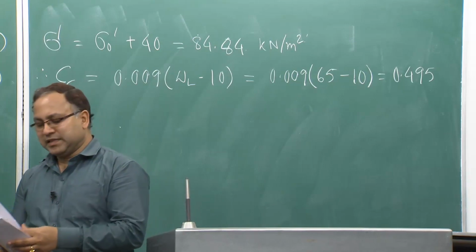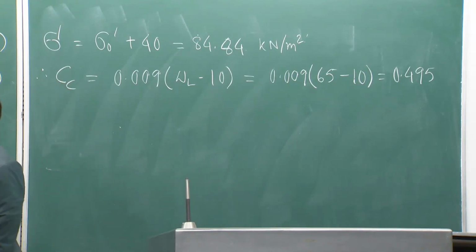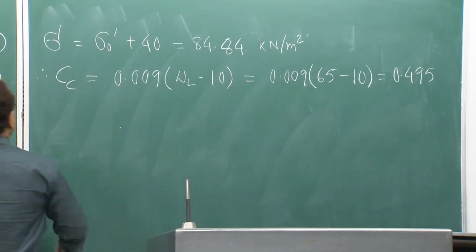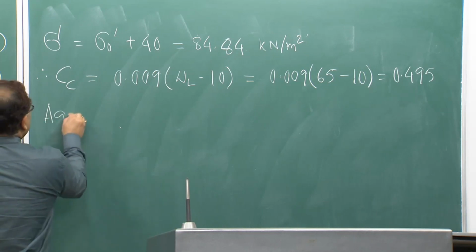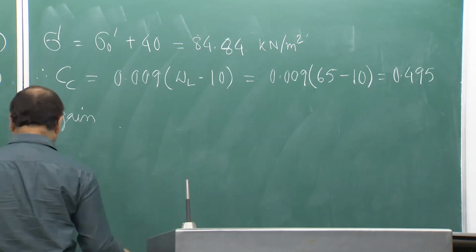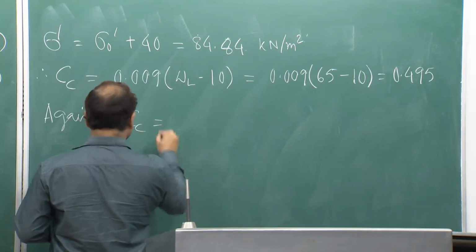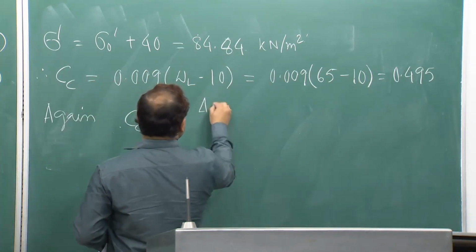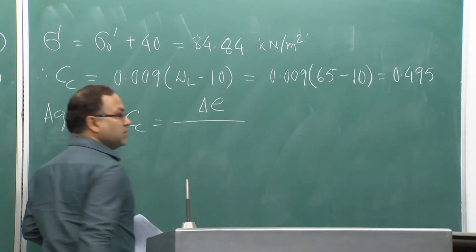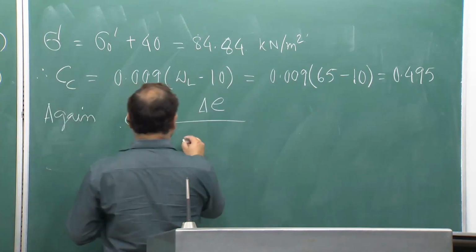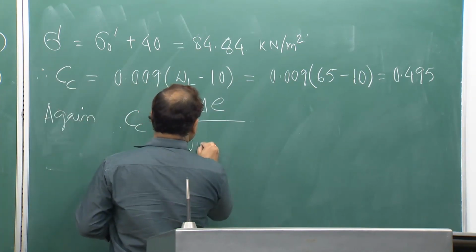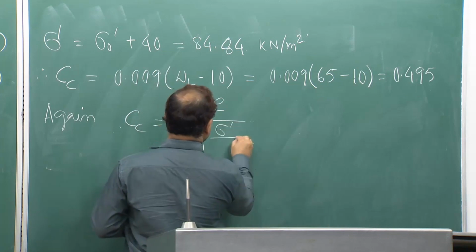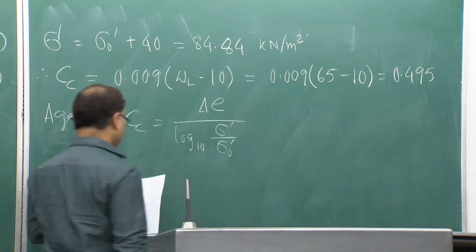Now, once we have got Cc, we know from the expression, Cc is equal to delta e, that is the change in void ratio, divided by log of sigma prime by sigma naught prime.